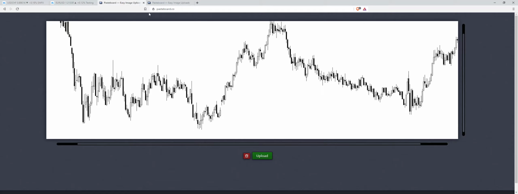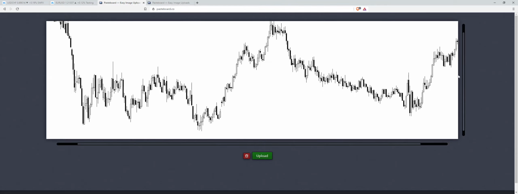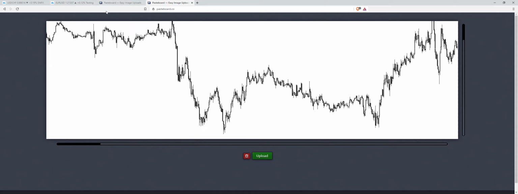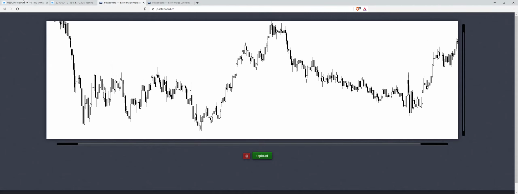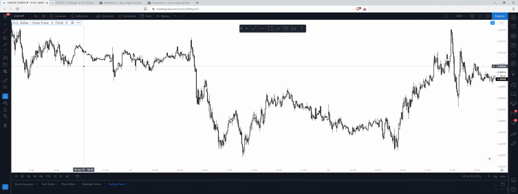Now, both are printing the same setup that I talk about in the strategy. However, both are on completely different time frames. Okay, so I'll give you a second. So, chart B being Swissy on the 5-minute chart.